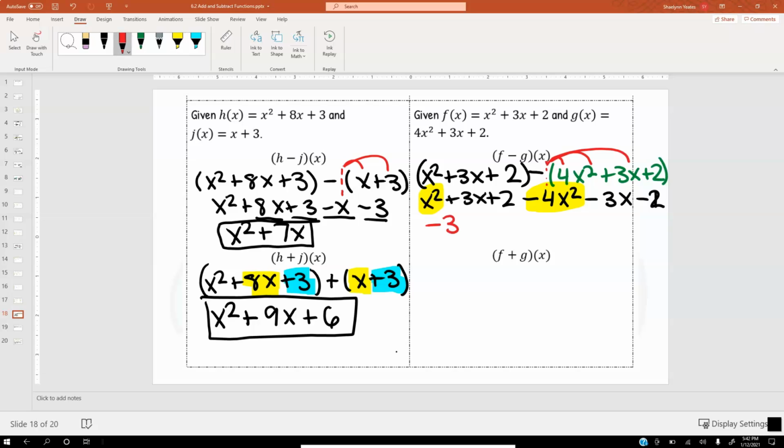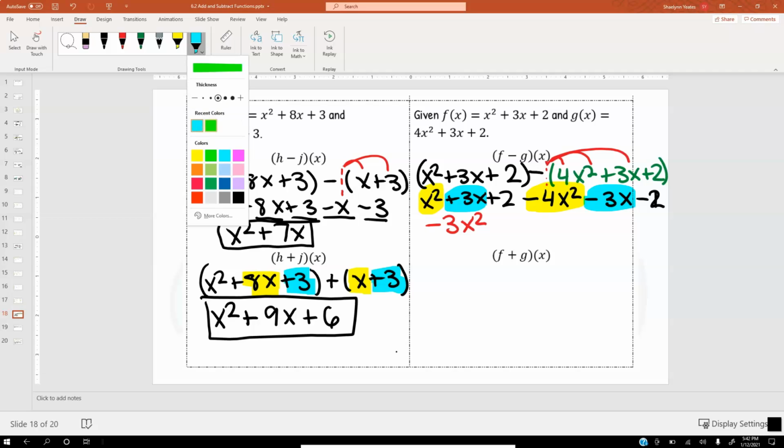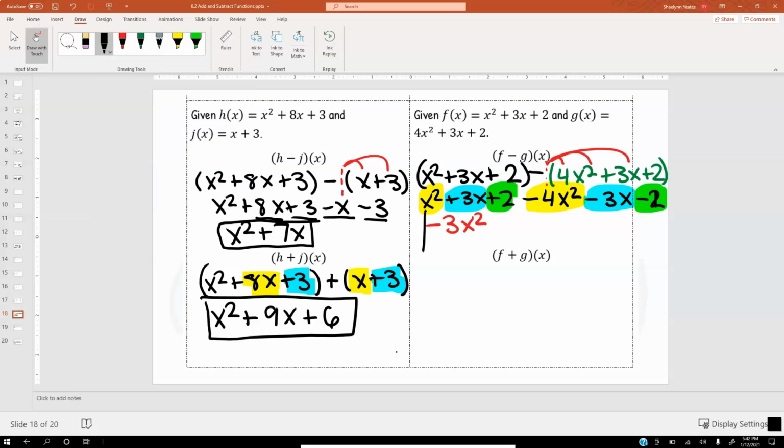This is a negative 3x squared. Then I have a positive 3x minus 3x, and that's 0. And then I have a 2 minus 2, and that is also 0, leaving my answer to just be negative 3x squared.